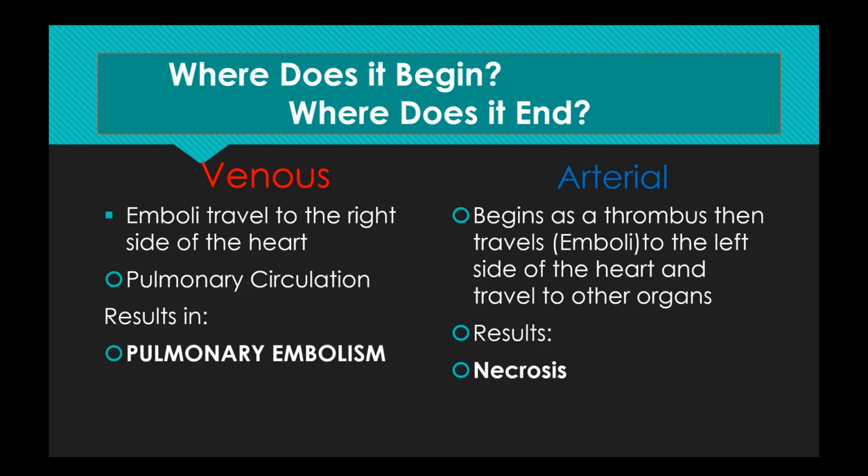So if the emboli travels to the right side of the heart, you have to think about the conduction pattern and how circulation works through the heart. The emboli travels to the right side of the heart, and it can go into the right atrium, to the right ventricle, then up to the lungs. Now we've got a PE.